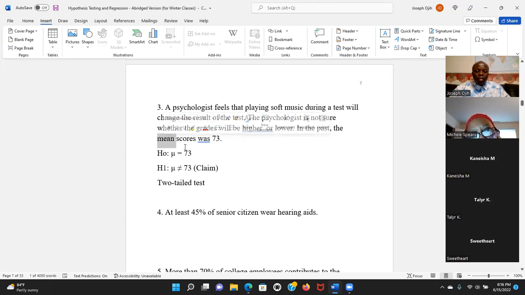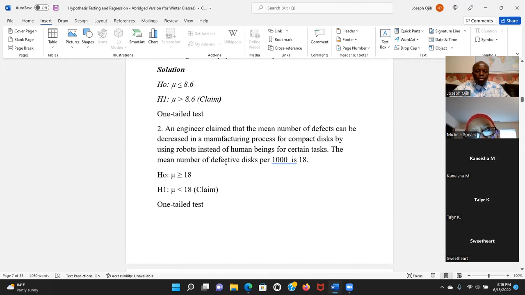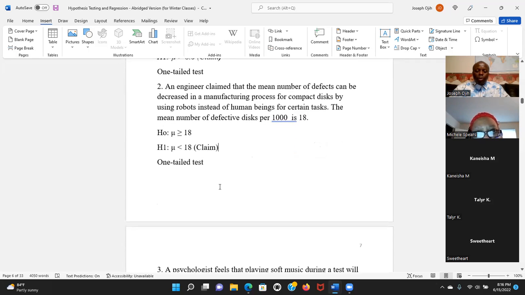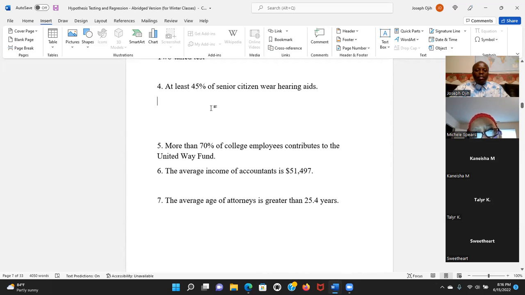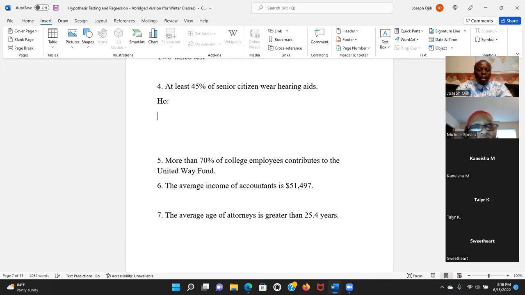So we use the mean. For proportion, we use p for proportion. So it says at least 45% of senior citizens wear hearing aids. At least means greater than or equal to. So you have H0 and H1.